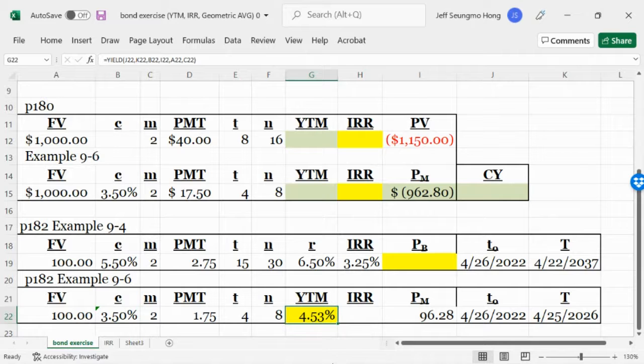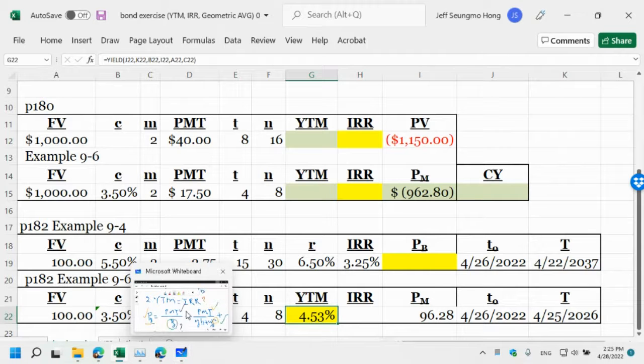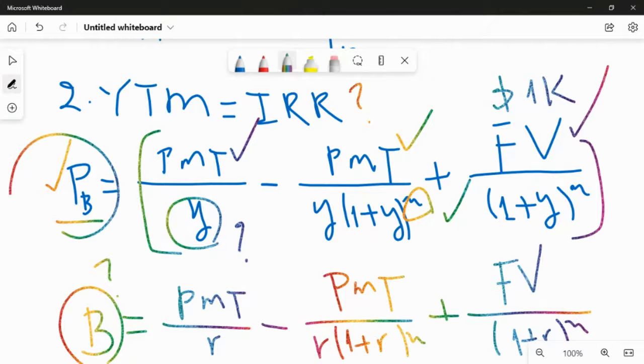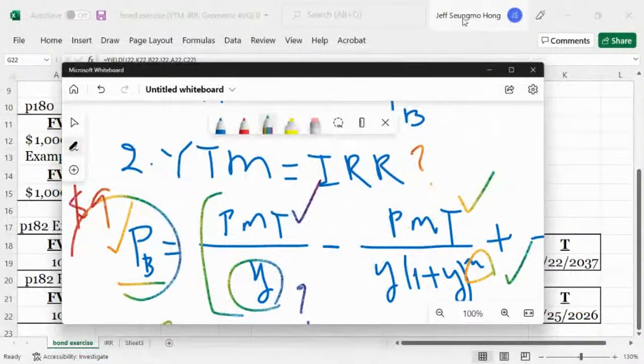That makes the right-hand side of this equation equal to the current market price, which is 960 something, right?